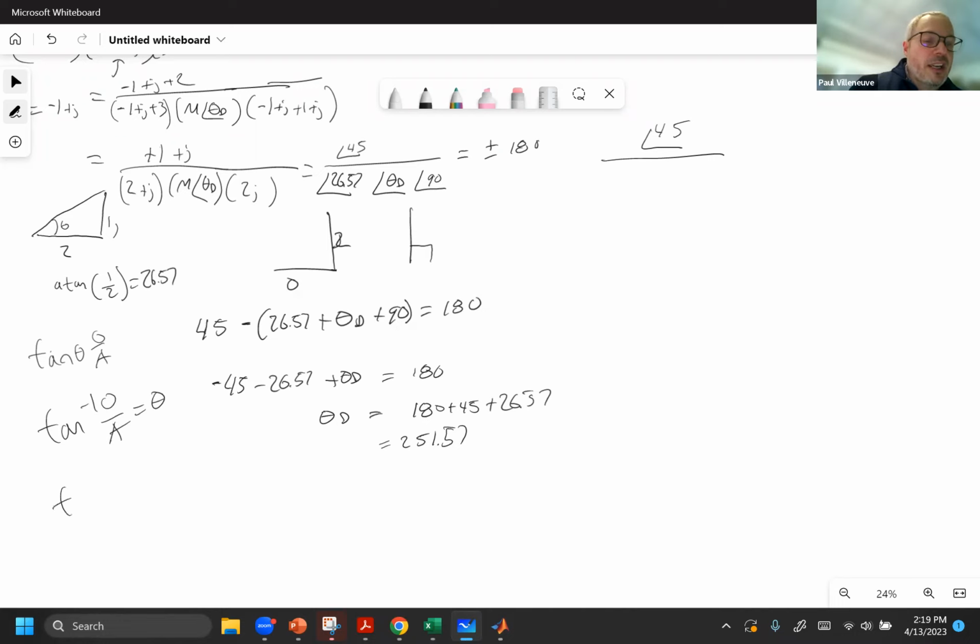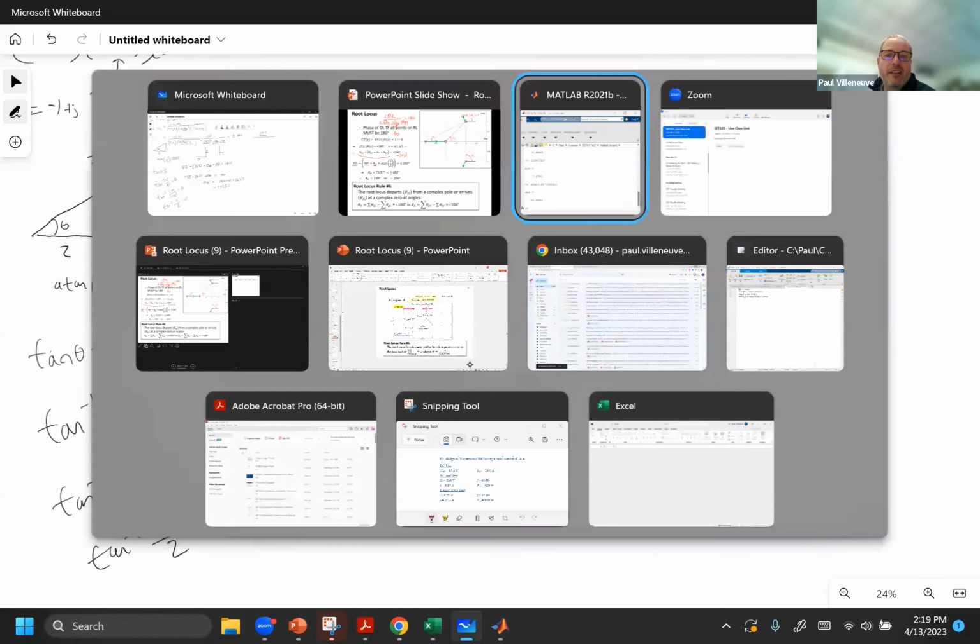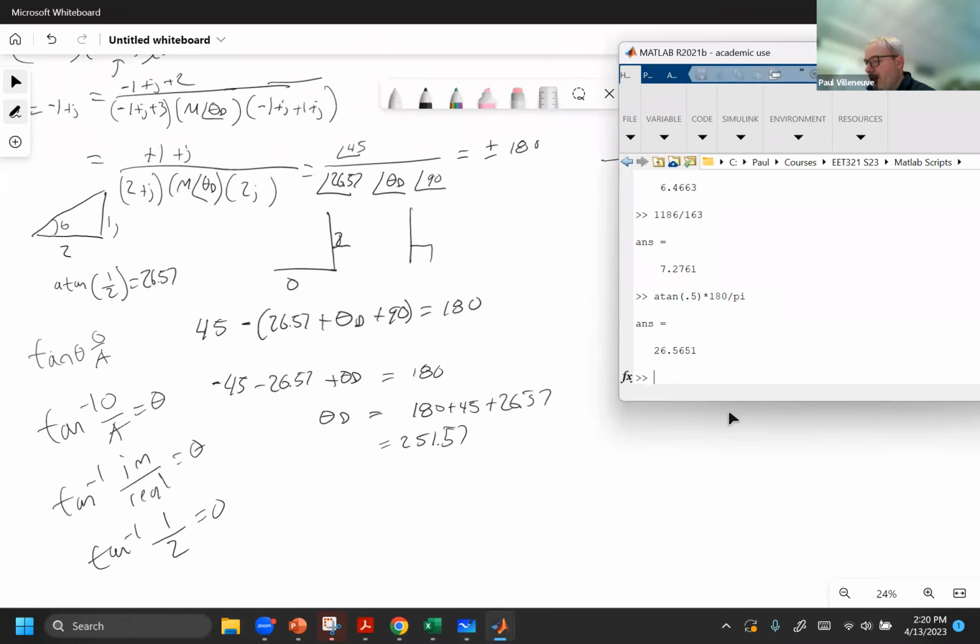And the opposite in this case is the imaginary part over the real part. So the inverse tangent of 1 over 2 is equal to theta. So let me just go and double check to make sure. The inverse tangent of, it shouldn't make a difference, it's 1 over 2 times 180 over pi. 26.57 degrees. So that looks like that's correct.